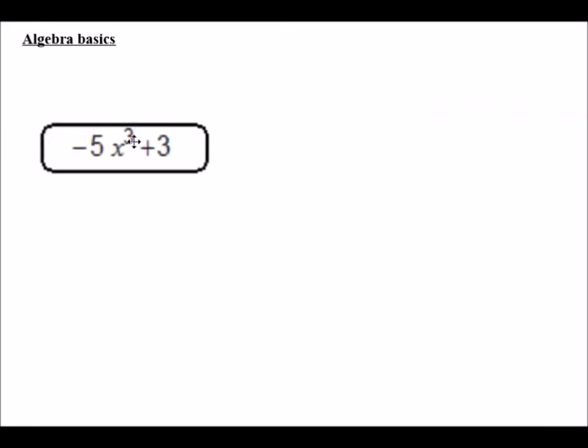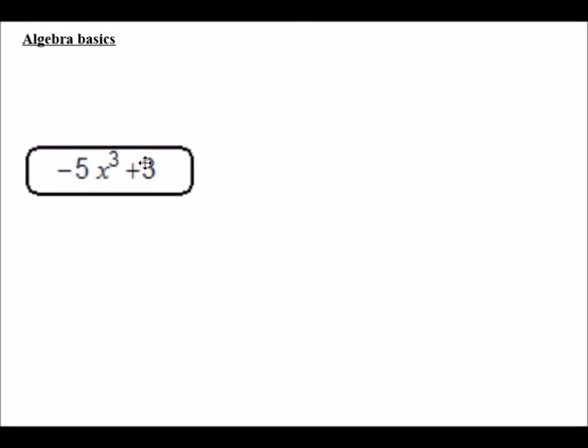Let's have a look at our expression. The expression has many parts to it. The first thing we're going to have a look at are the number of terms. Terms are always separated by a plus or a minus. So this algebraic expression has two terms.